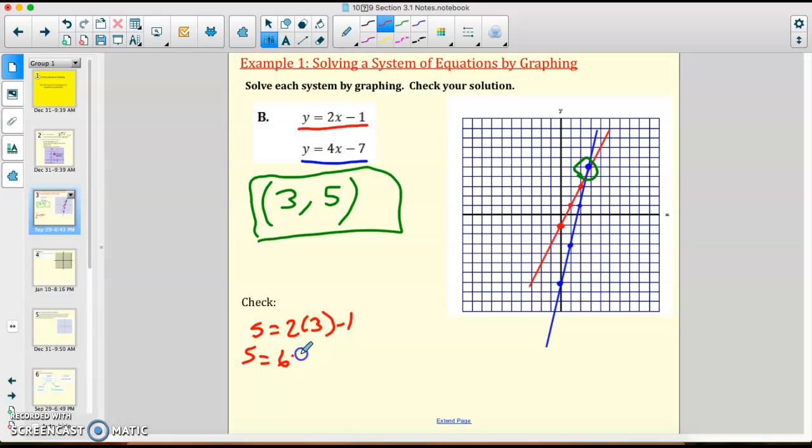This would be 6 minus 1, and so yes, it works here. We're good. Now check it in the blue equation. Again, we plug in 5 for y, we plug in 3 for x, minus 7. 5 equals 12 minus 7, and so again 5 equals 5. We're good to go, so it does work.